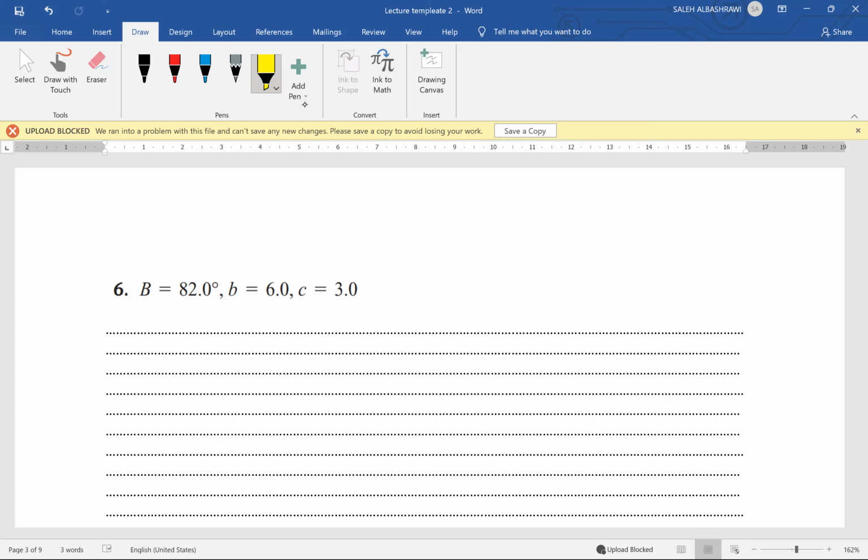And I need to find capital A and capital C. So we have A, capital B, and capital C. We have 3, small c. We have b equal to 6, and the opposite of A is small a. It's not given, so we need to find the small a. Plus, I need to find C and A.